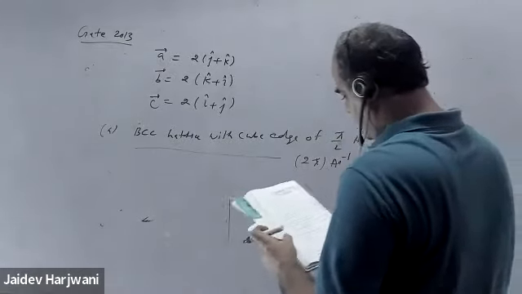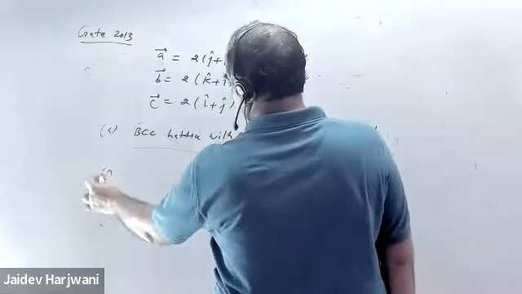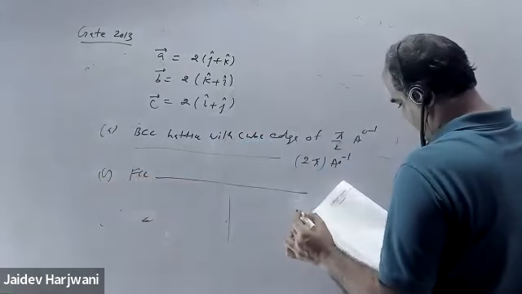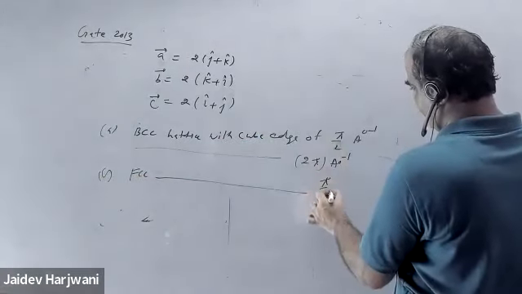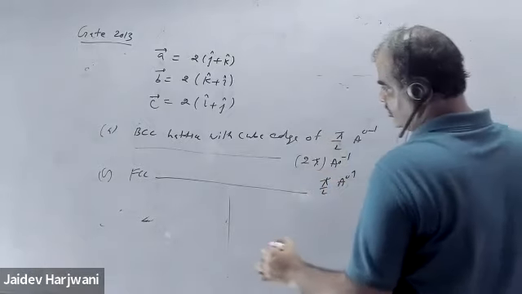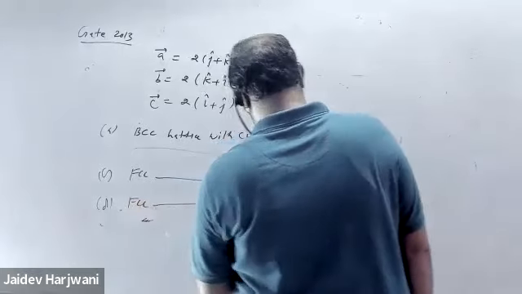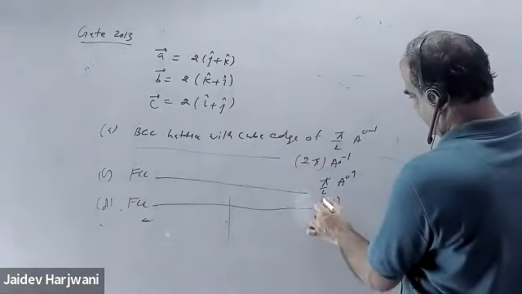And then option C is FCC lattice with pi by 2 angstrom, and option D is FCC lattice with 2 pi angstrom.